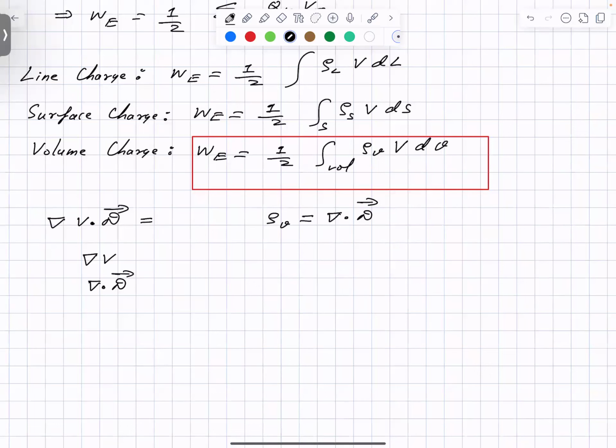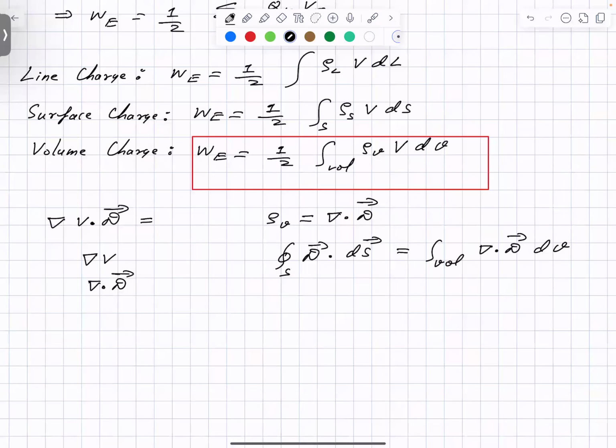So what we saw in chapter 3 is that D dot dS is a surface integral, a double integral, but it can be replaced by a volume integral, which is a triple integral, del dot D dv.